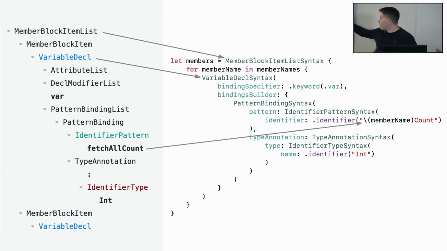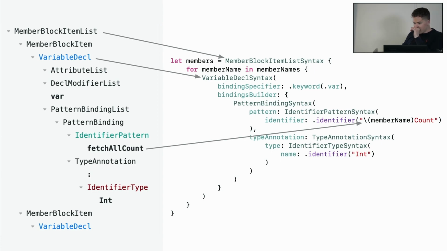You start from the top, and each syntax has an initializer, and you just need to fill in the required parameters in the initializer. So here we start with the members of our structure. We create a member block item list syntax, and then we iterate over the member names, which we dug out previously, and create a variable declaration for every member with the count prefix and with the type integer.